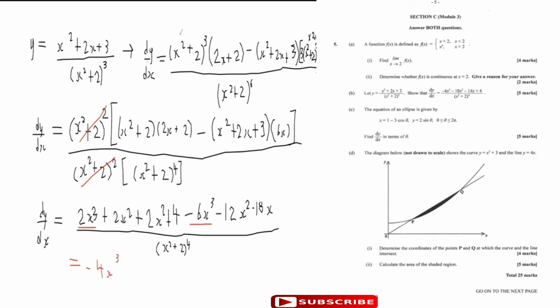Then 2x squared plus 2x squared minus 12x squared, that's 4x squared minus 12x squared, which is minus 8x squared. Then you have 4, you have minus 18x.